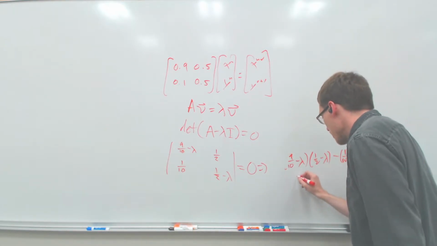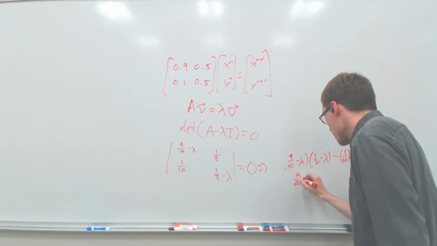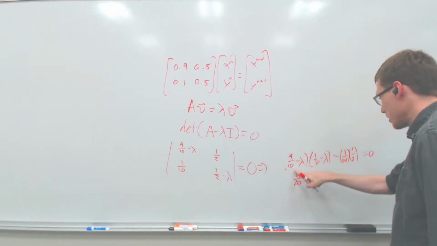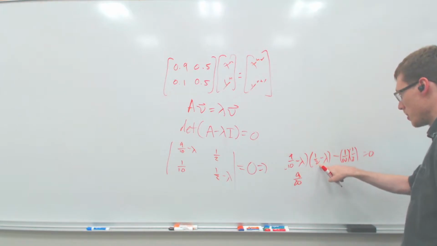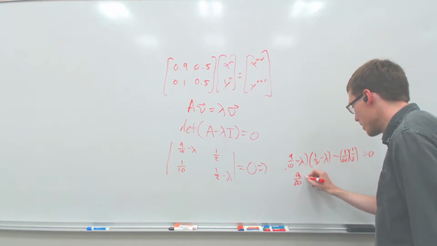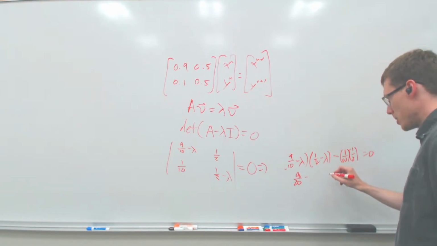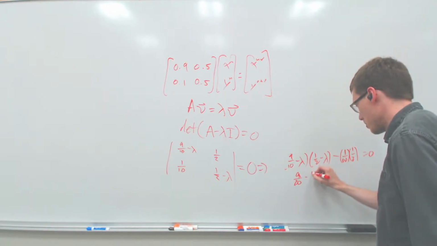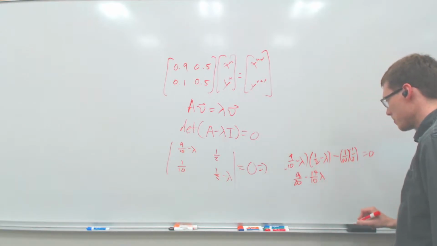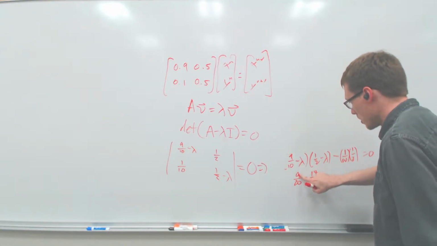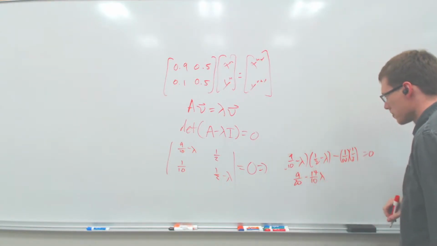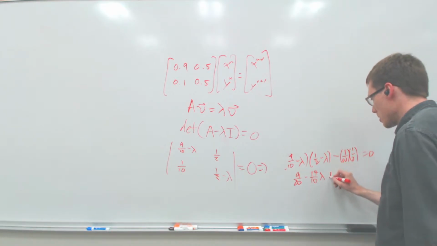And so let's do that. We get 9/20 minus 9/10 lambda, minus 1/2 lambda, which is going to be minus 14/10 lambda. Is that right? Pretty sure that's right. Plus lambda squared.